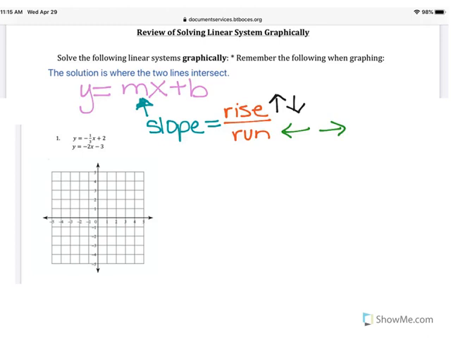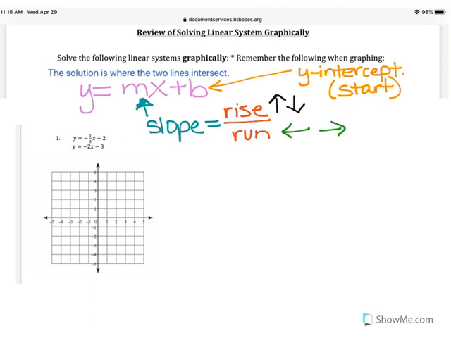And your b value is known as the y-intercept. And that is where you are going to start your graph, by making your first point on the y-axis at that point, and then using your slope to figure out where to go from there.